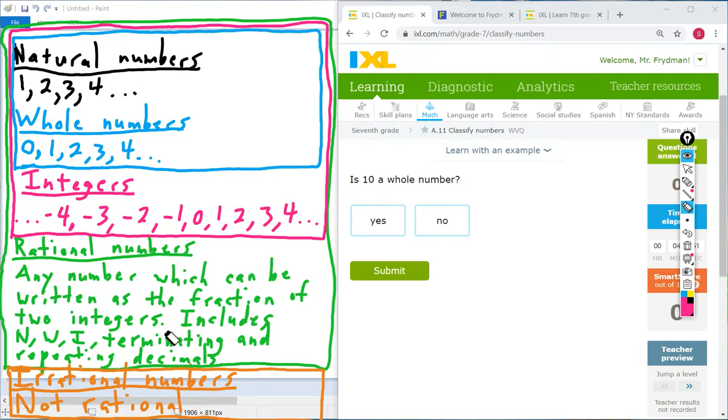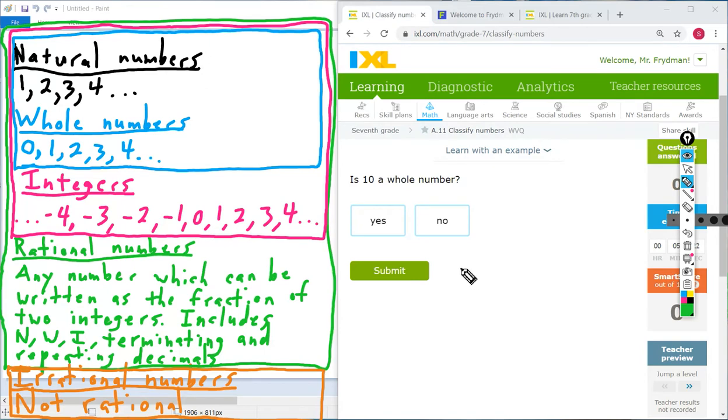Now, rational numbers also include terminating and repeating decimals. Now, actually, this is not in addition to that definition. Terminating and repeating decimals are included in this definition over here. What do I mean by that? So, what if I wanted to know if the number, let's say, I'll write it over here.